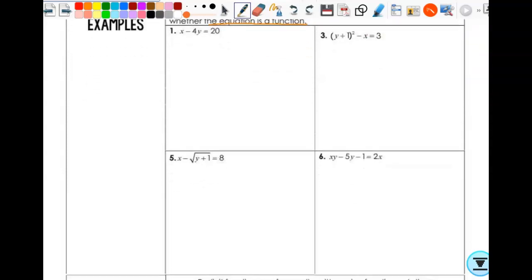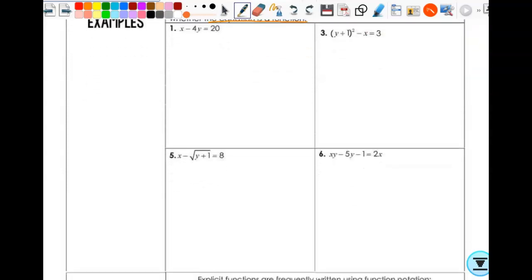All right, so on number 1, we're going to solve for y. Should be a pretty simple process here. So I'm going to subtract x from both sides. I get negative 4y equals negative x plus 20. I could have done 20 plus x, but that's not how it was drilled into my brain when I learned it, so I always put the variables first. Then I need to get y by itself, so I'm going to divide each term by a negative 4.